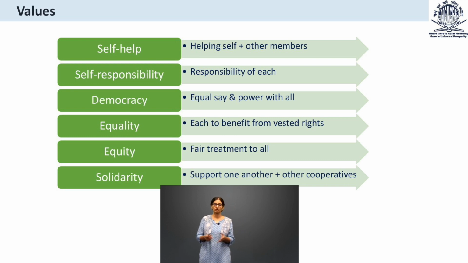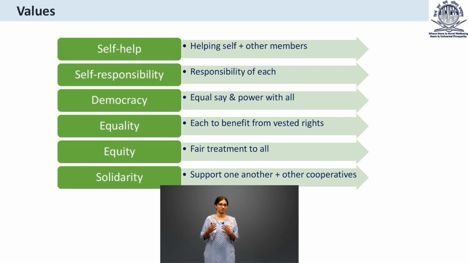Self-help, which means members need to come forward to help themselves and also help each other. So it's not about external help, that you come together to help yourselves and also other members. Second, self-responsibility, which means each individual member is responsible within the group and they should play their respective part.